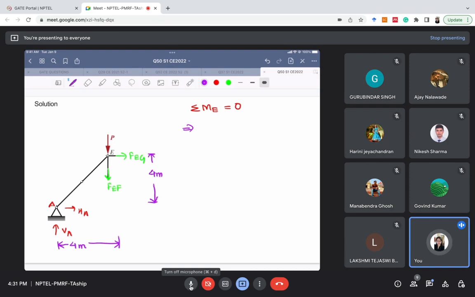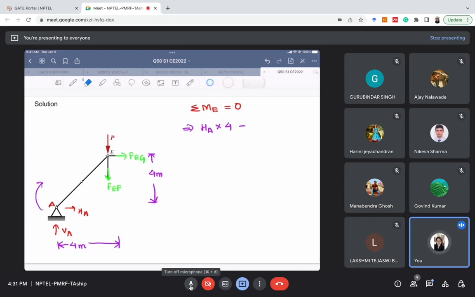Now summation of moment about point E is 0. Please see the steps very carefully. I'm just taking the moment about point E. So HA and VA are the two forces, right? So HA multiplied by distance from E to HA, which is 4 meter, minus, because if we look at point E, this force HA is rotating in anti-clockwise direction, and this VA is rotating in clockwise direction.